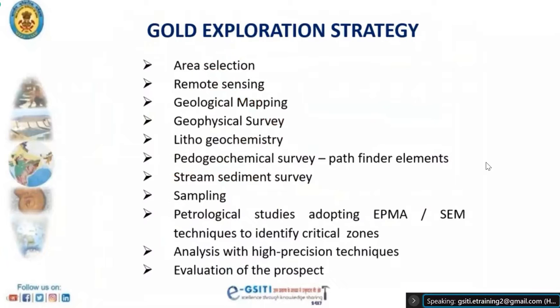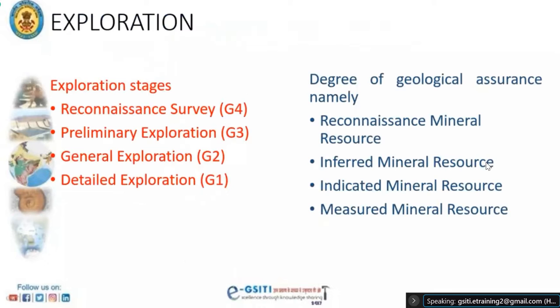So till now we have talked a little bit about all the processes here, and the selection of the area for remote sensing, satellite imagery studies, and then what are a few geophysical processes, how they help us, the geochemistry, as I told you, biogeochemical, pathfinder elements, stream sediment sampling. So these are the various exploration strategies which have to be kept in mind.